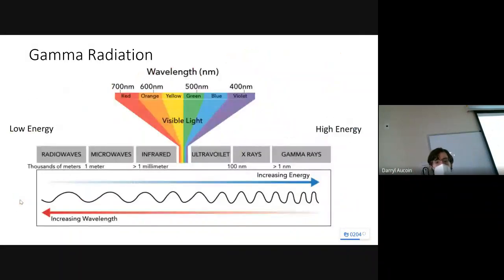To put that energy into perspective, there's all sorts of other light that can be released as well. Some light has lots of energy and some light has relatively low energy. So radio waves coming off your cell phone, microwaves coming out of the machine you use to heat up your water, those are relatively low energy. Part of the reason that light has different intensities of energy is that you can think of it as little waves.